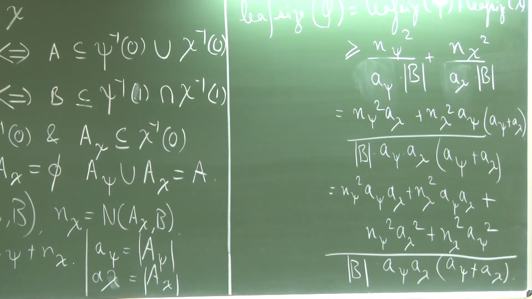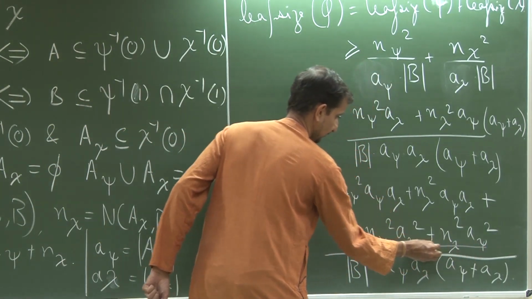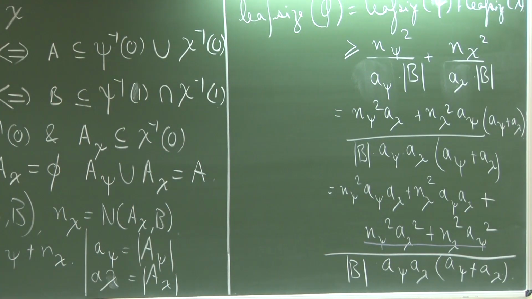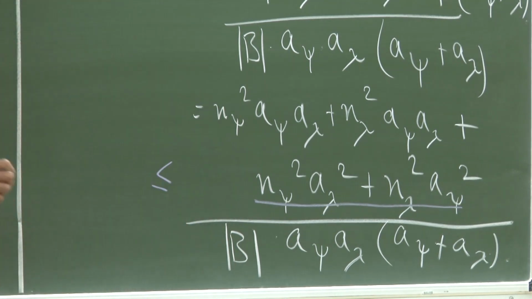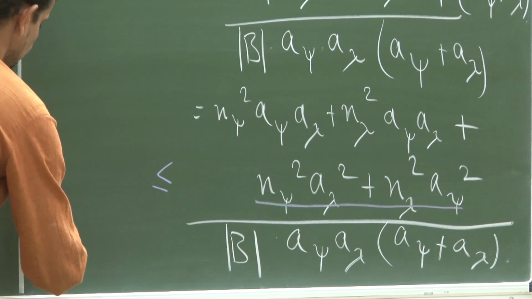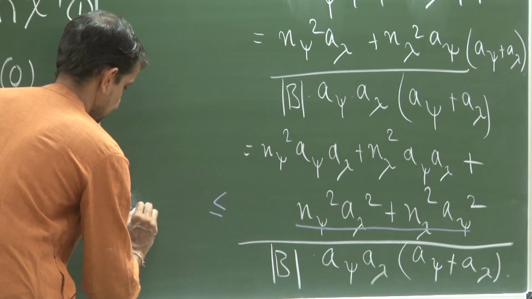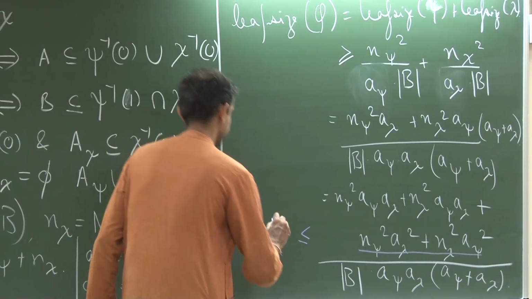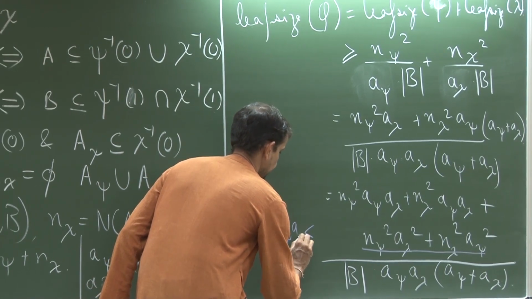Now, look at this term over here. What can I say about this term? What we can say is that this term is actually greater than or equal to twice N_psi N_chi a_psi a_chi.